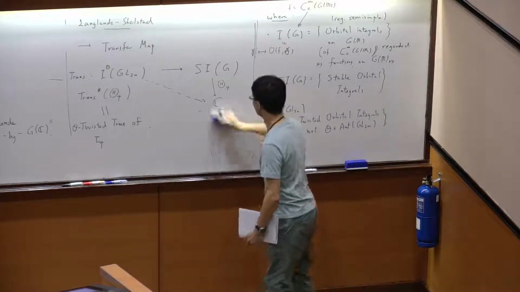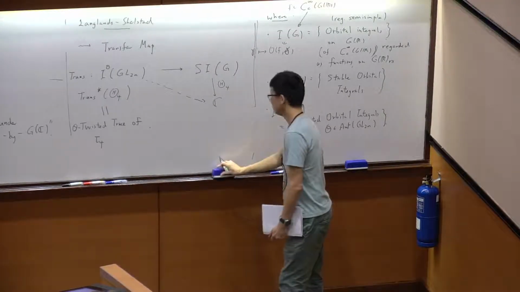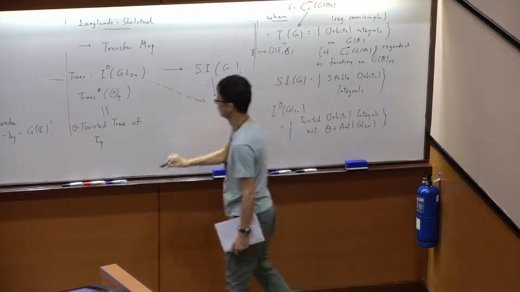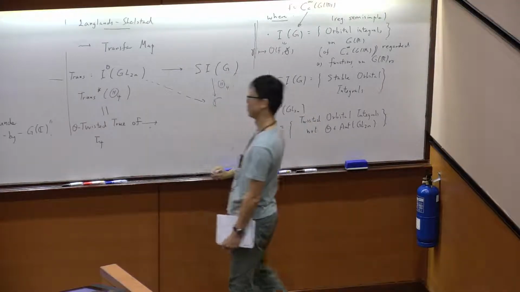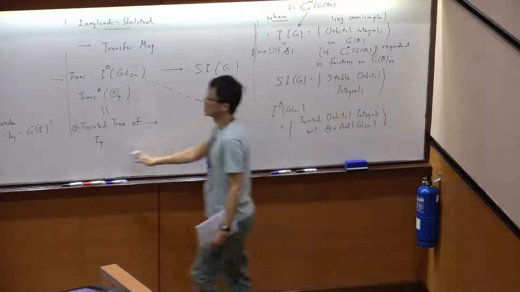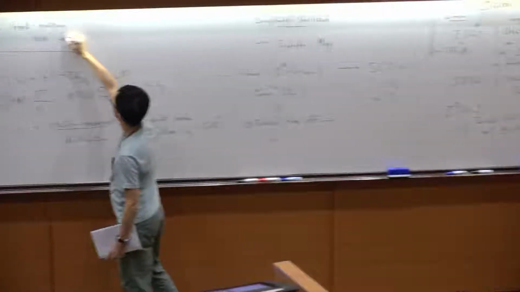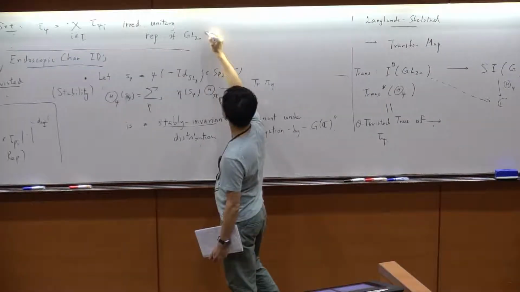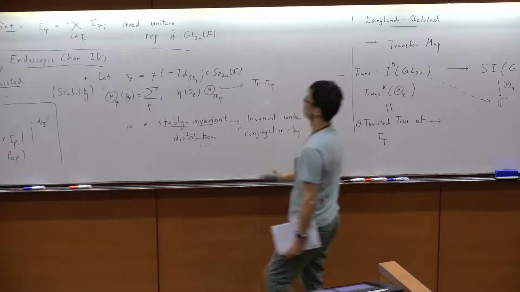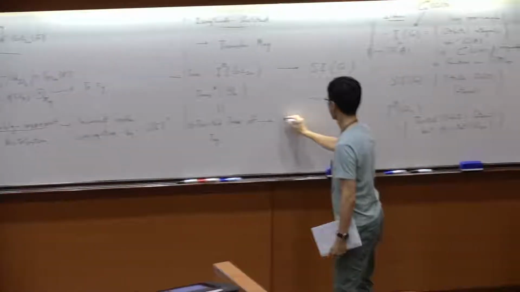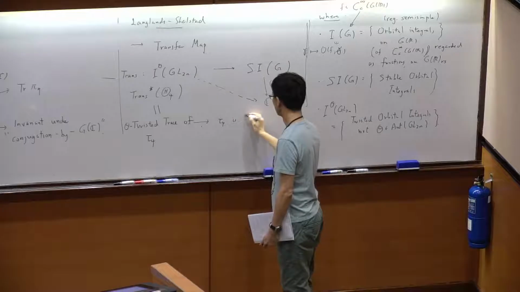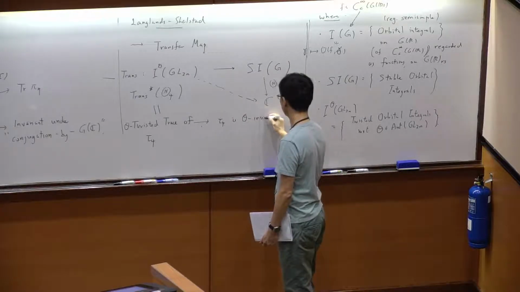To elaborate on this, of course, this is some representation of GL2N, but it will be theta invariant.